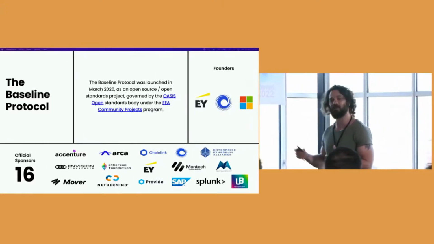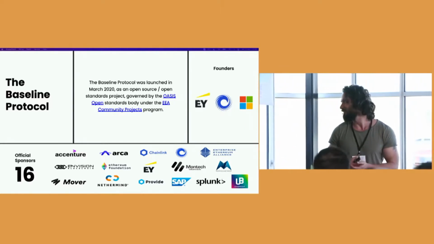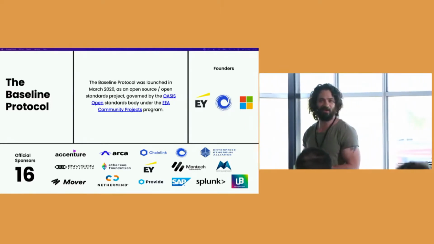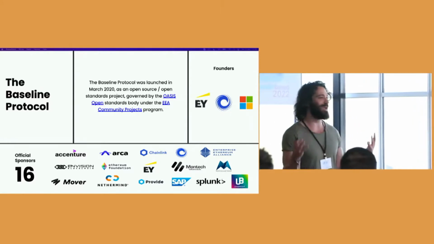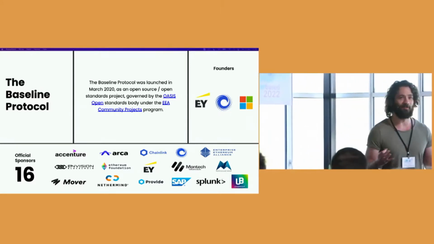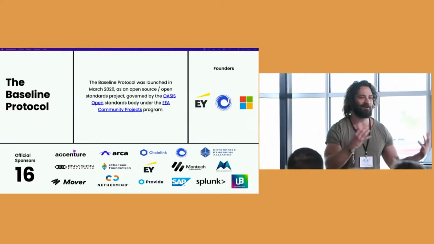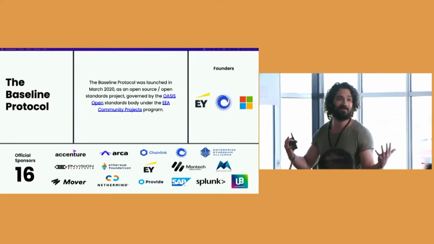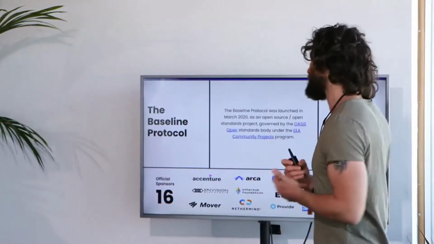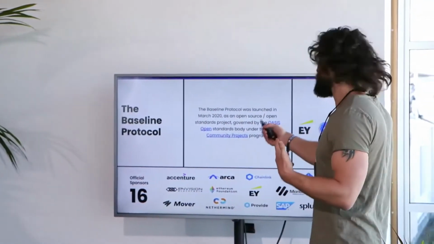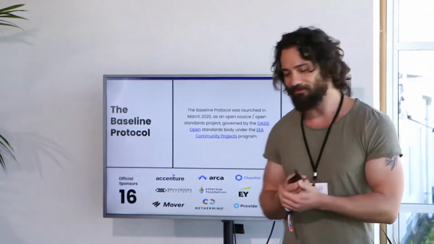We have the co-founders, Microsoft, EY, ConsenSys, an open source standards project. As most of you probably know, you can get involved in any part of Baseline, whether you're a dev or you just want to be part of outreach, PR, really anything. All parts are open source. Anybody can get involved. This project is governed by OASIS, the open standards body.